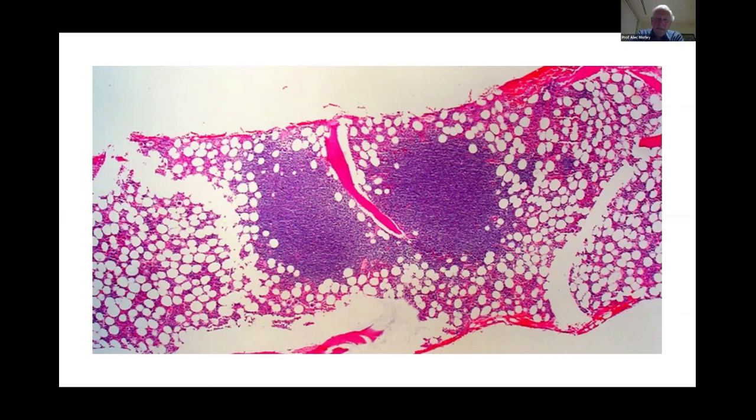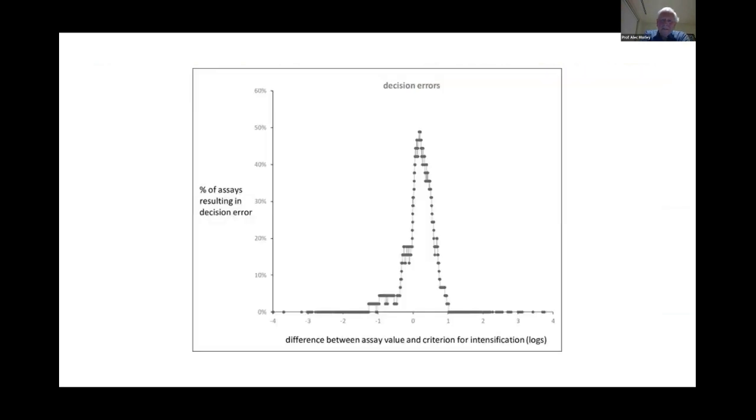And of course, chronic lymphocytic leukemia is well known to be clonal at times, or multifocal, I should say. And similarly, myeloma is clearly a multifocal disease. Now, is multifocal disease important?